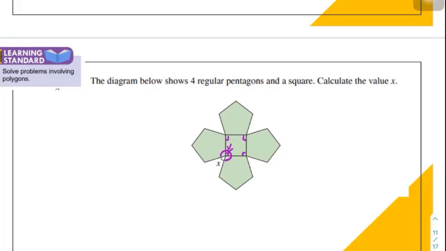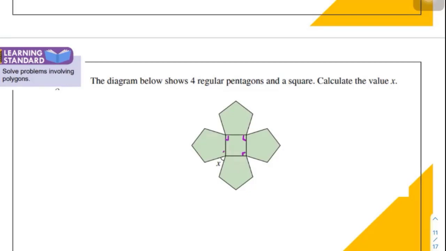So this one is a pentagon. One of the interior angles of a pentagon is how many degrees? 72? Are you sure? Interior, not exterior. 108. How to get 108? Maybe some of your friends cannot get 108.